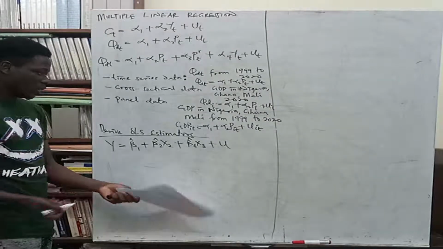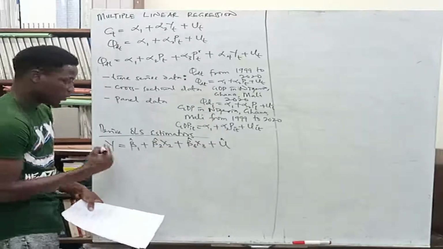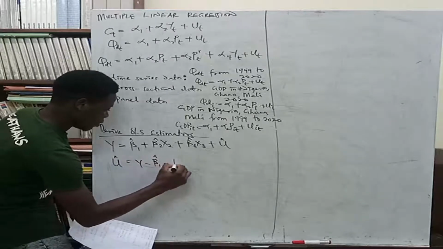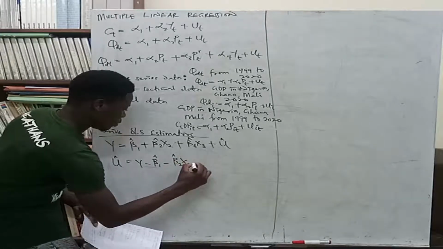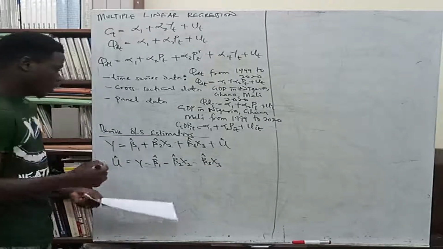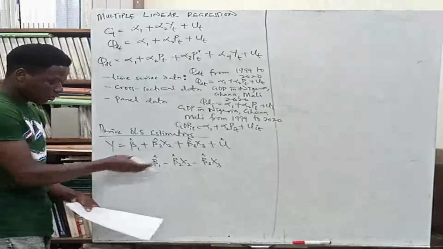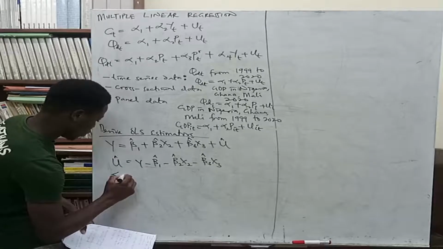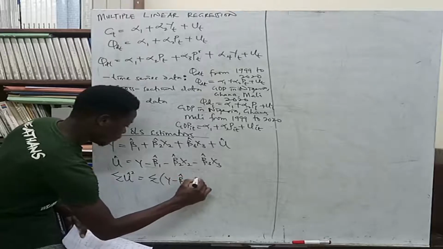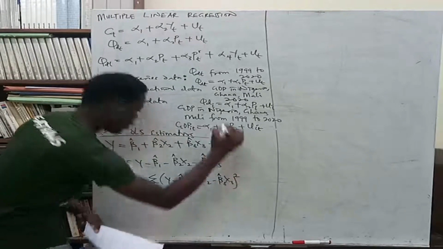So, how do we go about that? The first step is we make the error term, the u, the subject of the equation: u equals y minus beta 1 hat minus beta 2 hat x2 minus beta 3 hat x3. After doing this, you take the sum of the error term. That means take the sum of both sides and square them: summation ui squared equals the sum of y minus beta 1 hat and so on, squared.